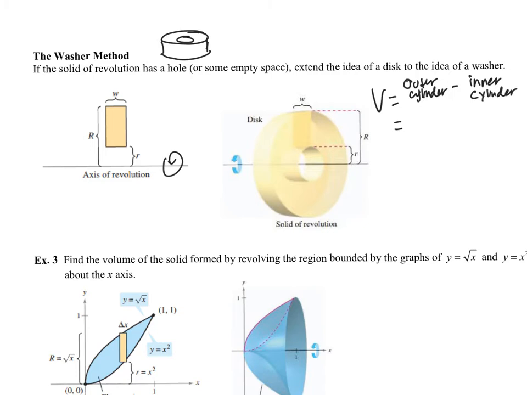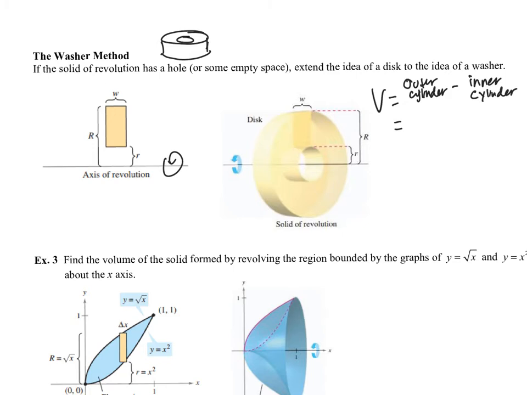Well, the outer cylinder is a cylinder. We would take the area of its base, which would be pi times capital R squared, and then multiply it by its height. And remember, the height of the cylinder is the distance from one base to another, which we're going to call W in this diagram.